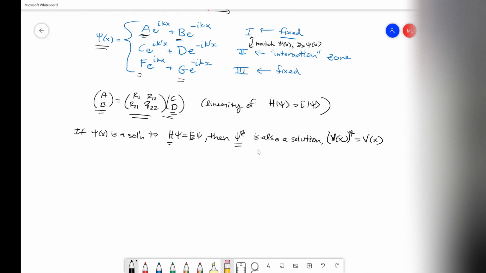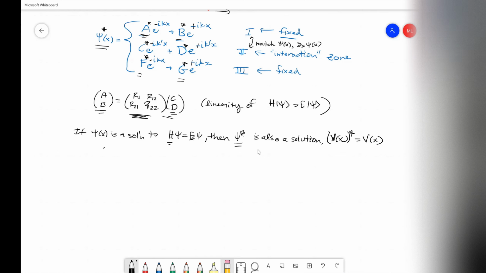If psi star is also a solution, then it should be the same matrix that transforms between the coefficients of psi star. And if we think about putting a star here, what happens? Well, if we put a star, then these guys become starred, right? The coefficients all become starred. And there you get the minus i here, all these flipped signs, the little e to the i kx's.